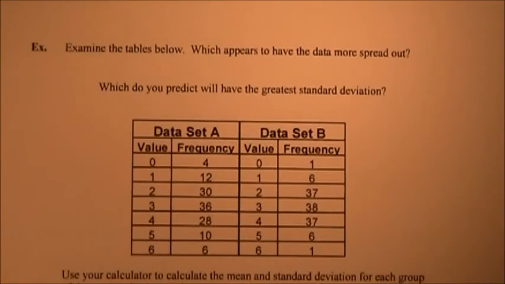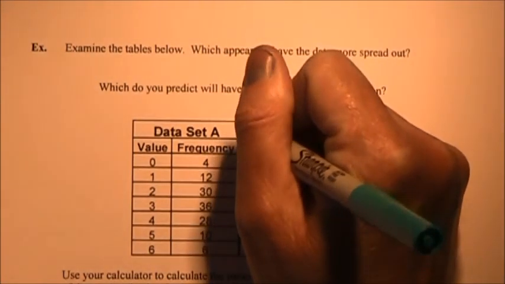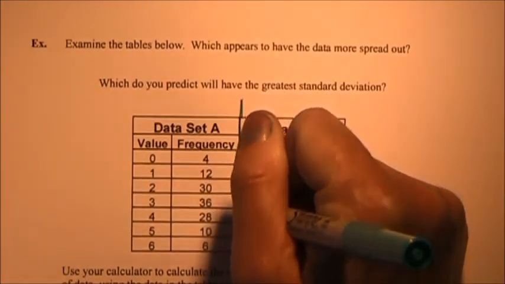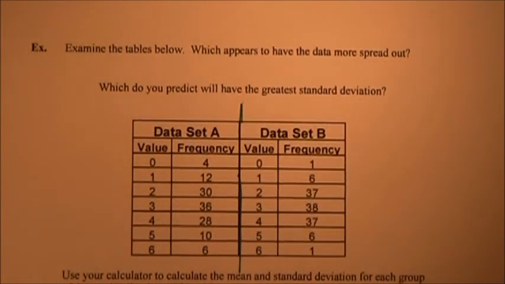This example asks us to examine the tables below and asks which appears to have the data with more spread. Now, it's 2 tables. Here's where our tables separate. Now, remember, as they're more spread out, that would mean that there is more information near the outside edges and less near the middle. So if I look at the middle, comparing the middle section of these two, this looks like it has fewer values than this one does.